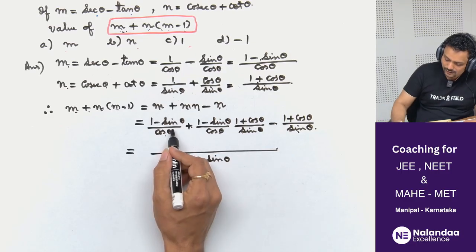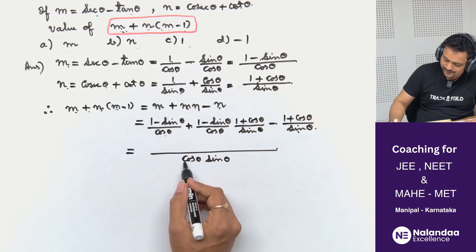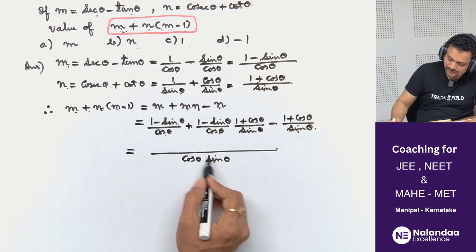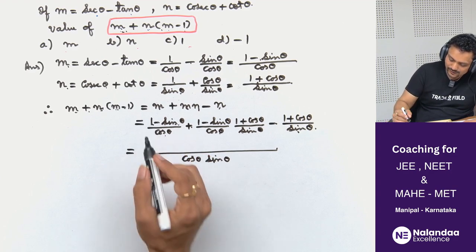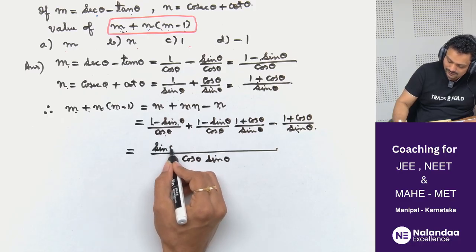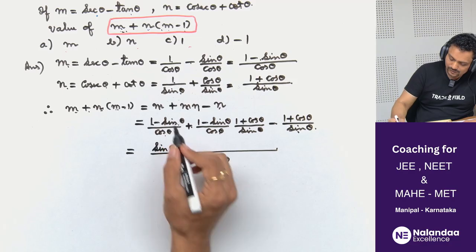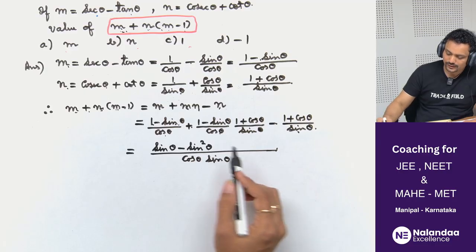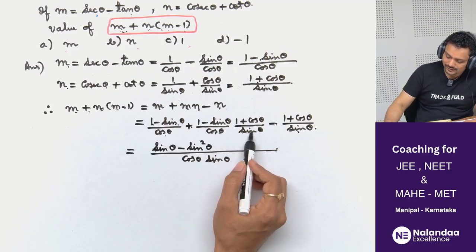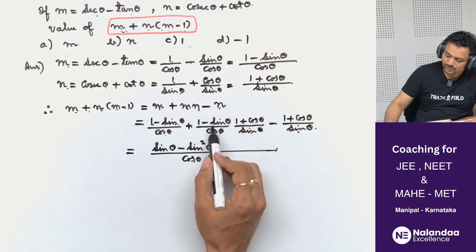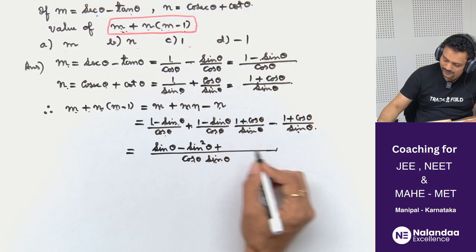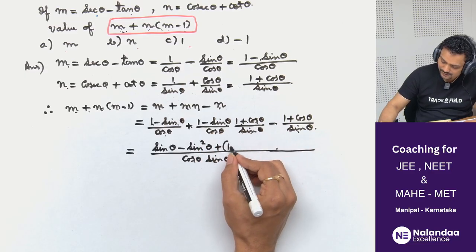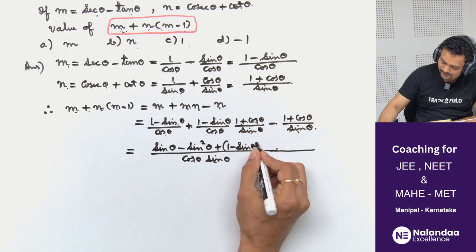Now here in the first term cos theta and cos theta get cancelled. When you take the common denominator, sin theta will get multiplied here. So sin theta into 1 will become sin theta, minus sin theta into sin theta becomes sin square theta. Now in the second term, cos theta sin theta is the same as the denominator, so you write this as it is, plus (1 minus sin theta) into (1 plus cos theta).